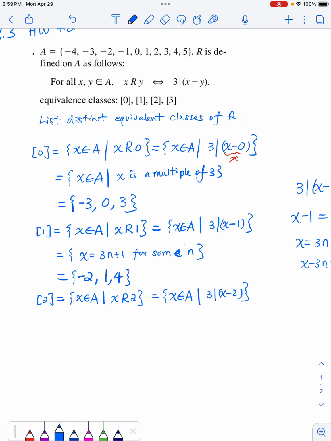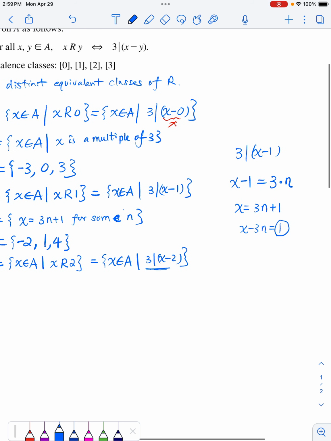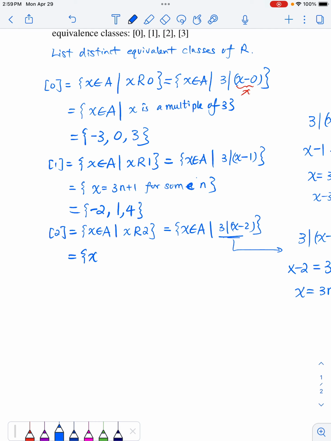Now I'm going to explain what that means. 3 divides x minus 2 means x minus 2 is a multiple of 3. That means x equals 3n plus 2 for some n.